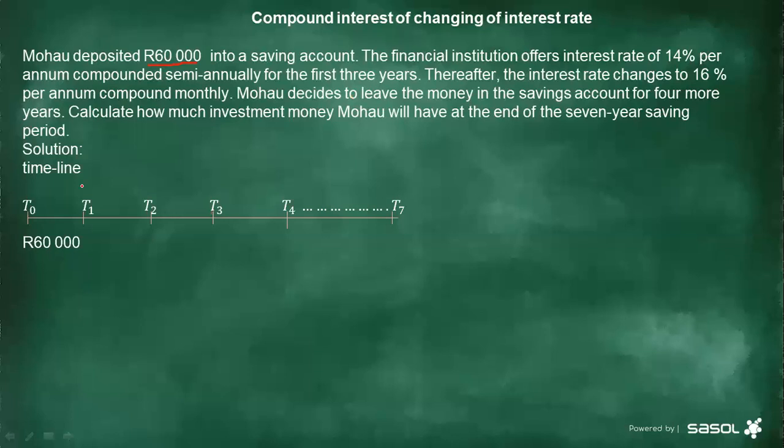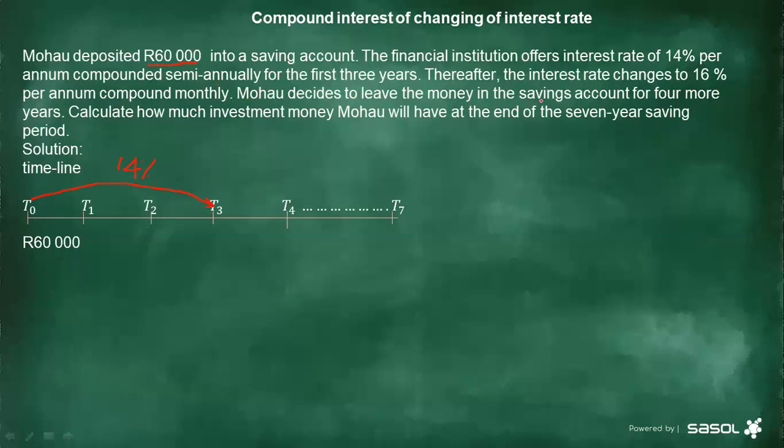For these first 3 years, the interest rate was 14%, right? And then it says thereafter the interest rate changes to 16% per annum compounded monthly, meaning for the remaining years.